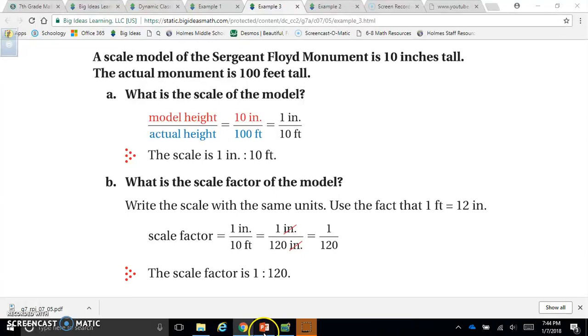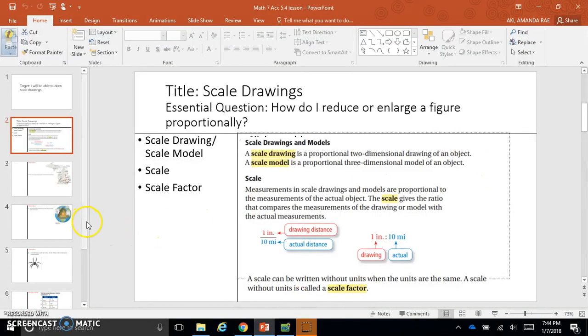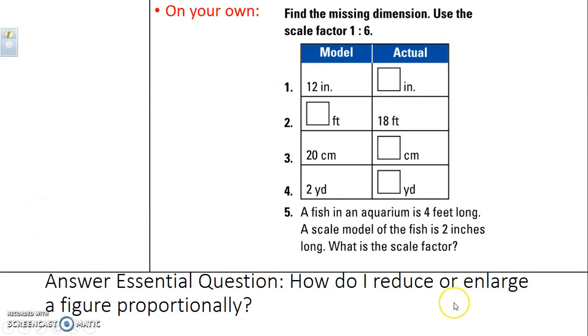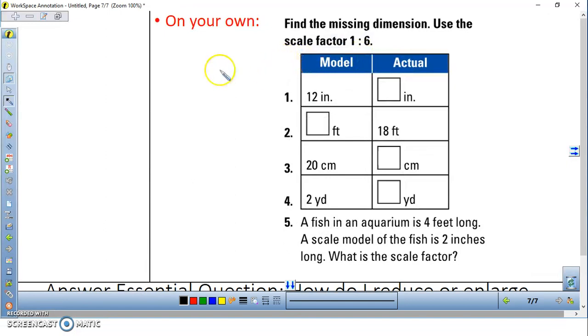All right, now we're ready for those on your own problems. In our on your owns, we're going to be using the scale of 1 to 6. The model is 1. The actual is 6. And we're going to set up those proportions. I'll do the first one with you. Number 1: 1 to 6, model to actual, equals model to actual.